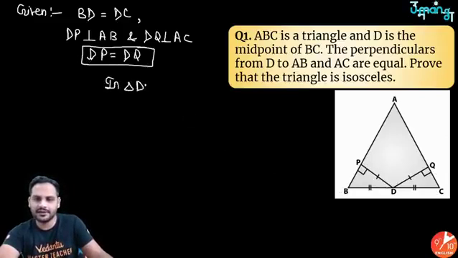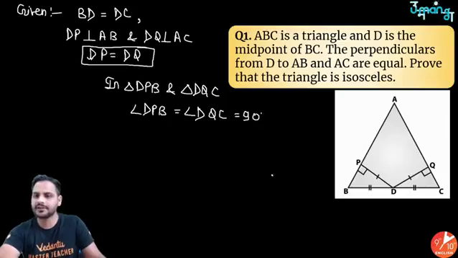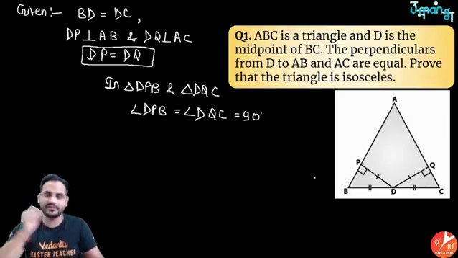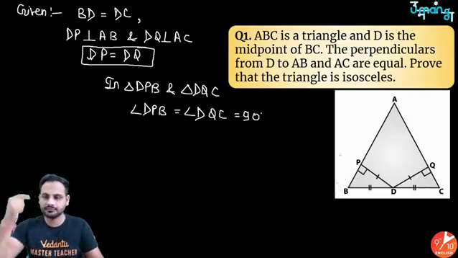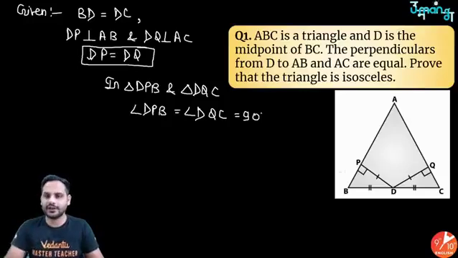So in triangle DPB and triangle DQC, first, angle DPB is equal to angle DQC is equal to 90 degrees. Second, look, right angle we have got equal; the hypotenuse is the side opposite to 90 degrees in a right angle triangle.